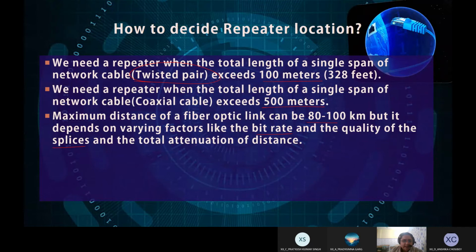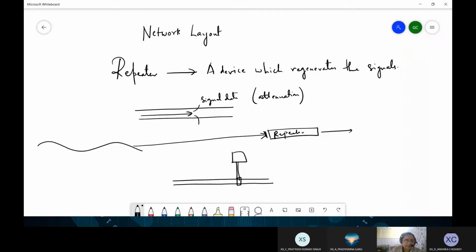Then bit rate, then total attenuation, that is loss of signal, is there in case of fiber optic cables also, although the data travels in the form of light, but still some attenuation is there. There is a video which I will show you sometime, where a person has directly used water or a liquid to show how data travels through fiber optic cable.